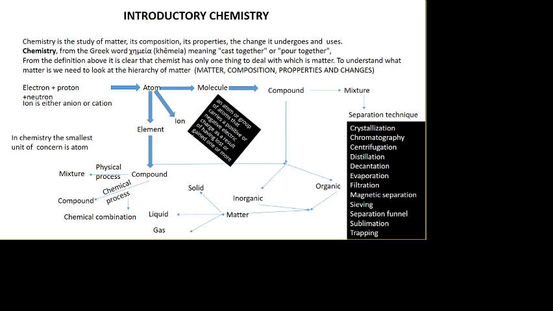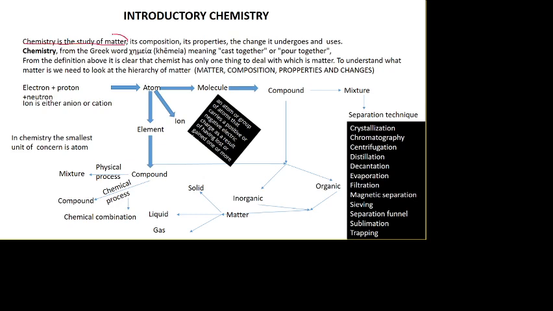Let's begin. Without wasting much of our time, what is chemistry? Chemistry students, what is chemistry? You can see from this definition, it says that chemistry is the study of matter.